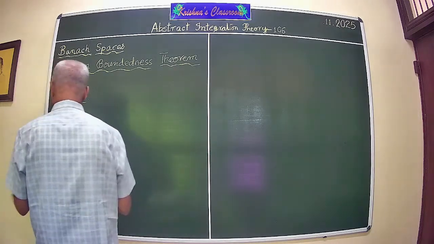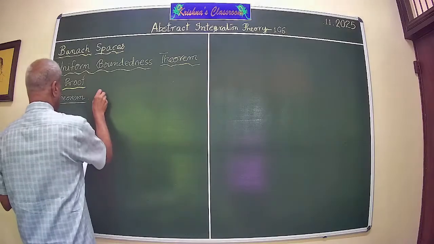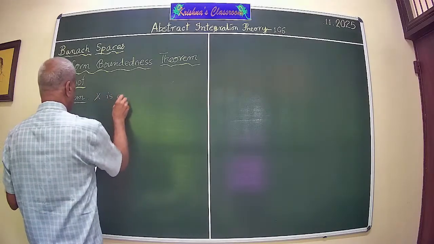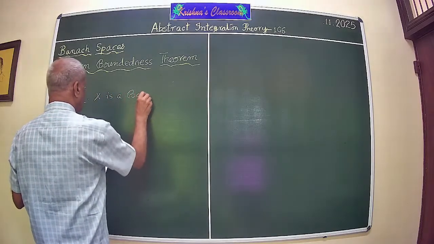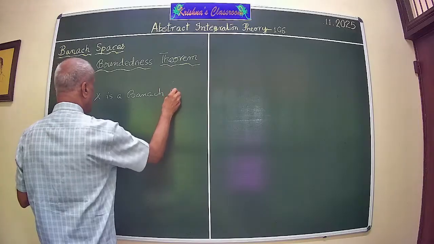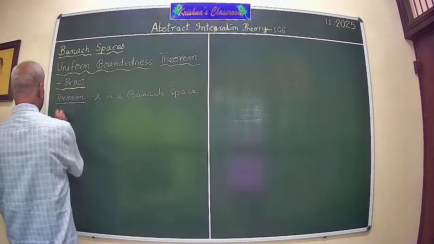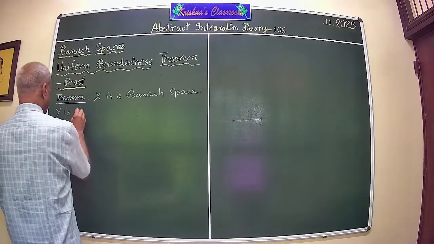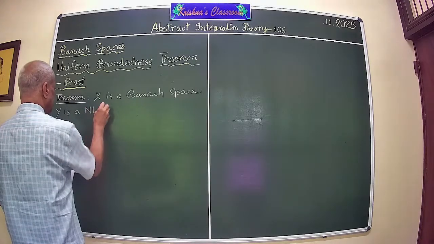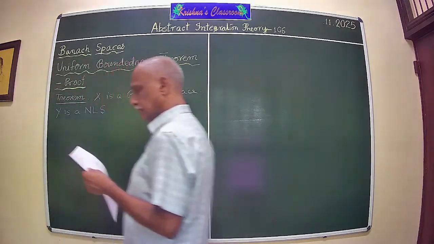X is a Banach space, Y is a normed linear space.